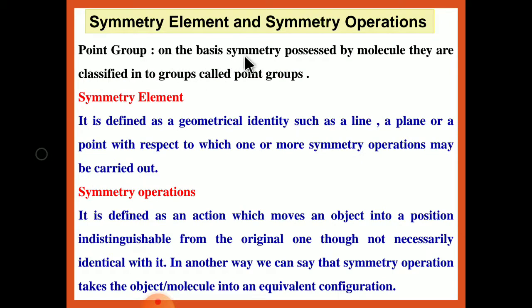Next is symmetry element and symmetry operations. First of all, point group. On the basis of symmetry possessed by a molecule, molecules are classified into groups called point groups. A symmetry element is defined as a geometrical entity such as a line, a plane or a point with respect to which one or more symmetry operations may be carried out.